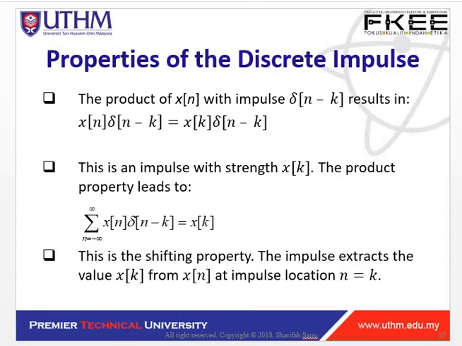So this is an impulse of strength xk, and the summation of xn delta n minus k equals xk. So this is the value of the amplitude. Delta n minus k refers to when n equals 0, what is the value of xn? When n equals 2, what is the value of xn?